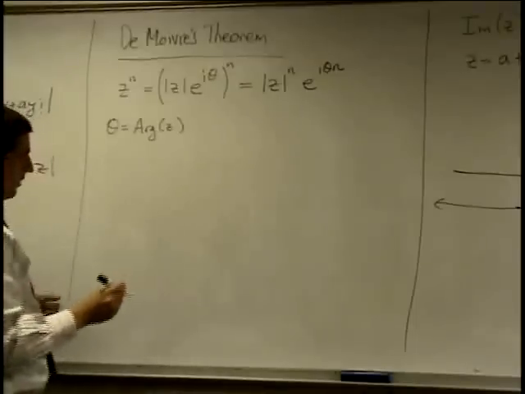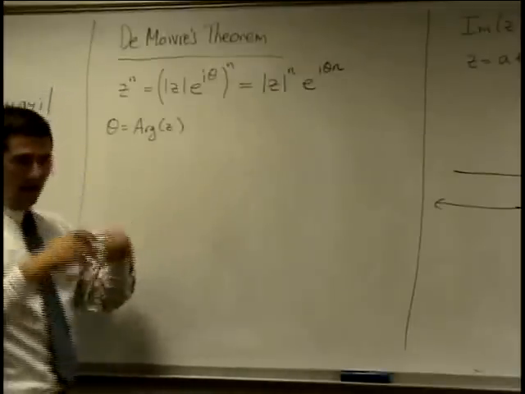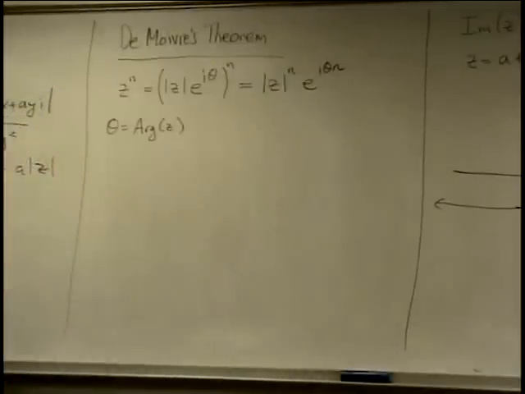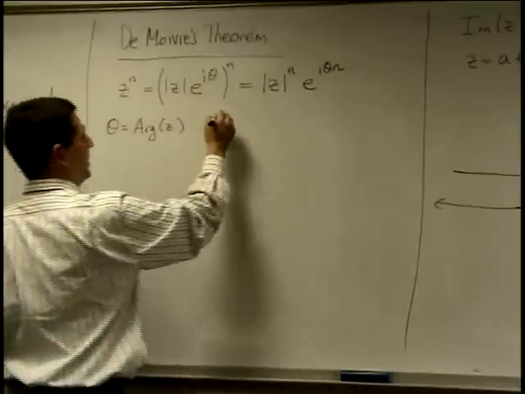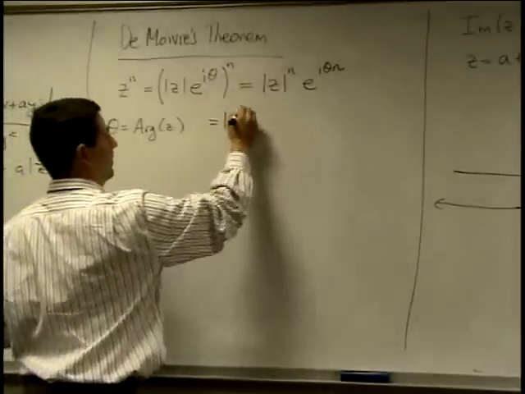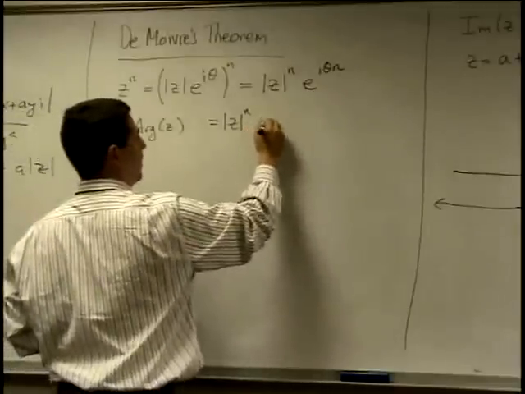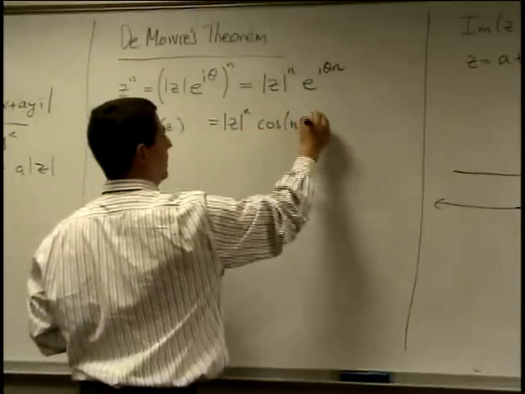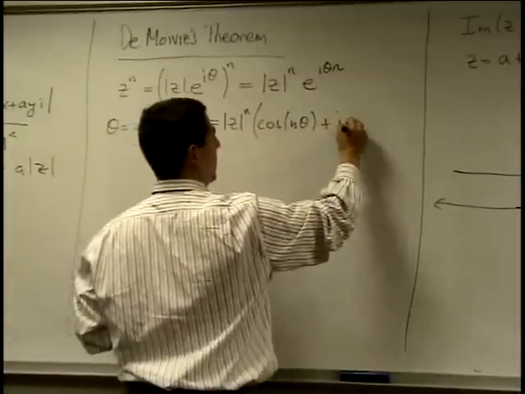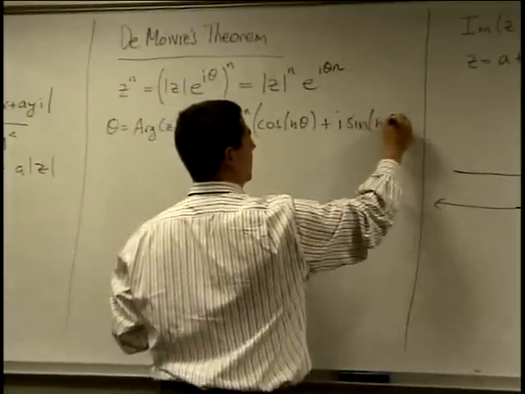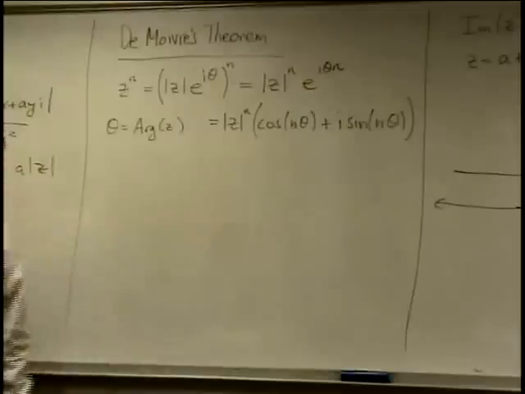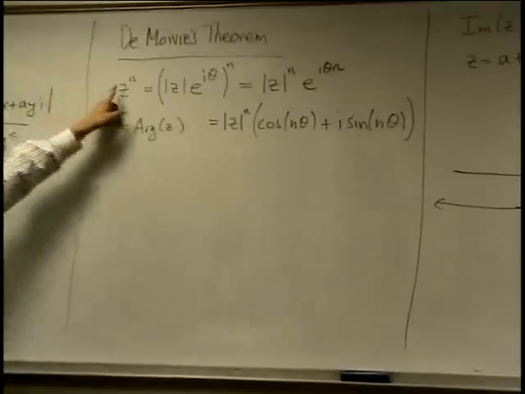But then yesterday we saw that e to the i theta is cis theta, right? Cosine theta plus i sine theta. So you can actually write this as the norm of z to the n times cosine of n theta plus i sine of n theta. So this is de Moivre's theorem.